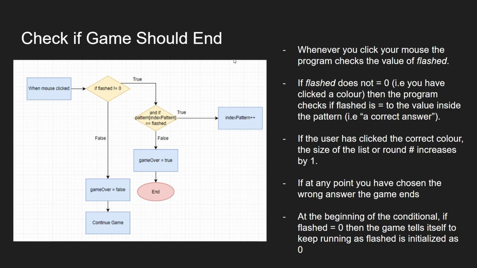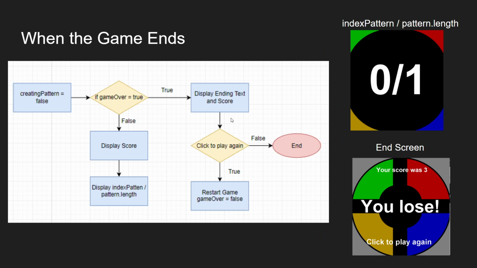However, if flashed is 0, then nothing happens. However, if it gets to this point and if the pattern index is not equal to flashed, i.e. you get the wrong color, then game over is true and the game should end. And that's basically how it works.